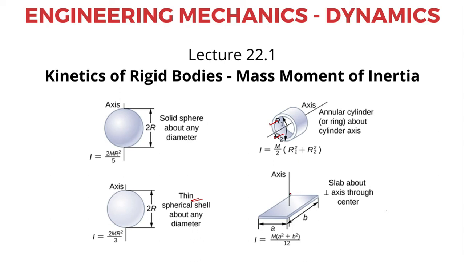So as such, if this corresponding axis passes perpendicular to these two lengths, then the moment of inertia I is given as m into a square plus b square divided by 12. So it is important that you study these corresponding equations by heart so that you can apply them to solve problems.